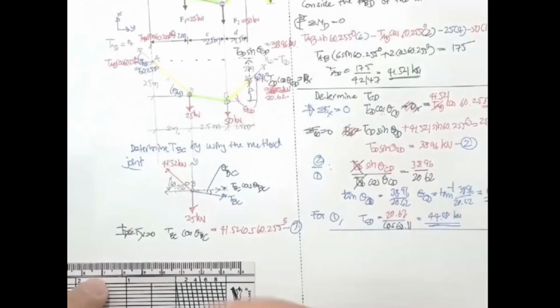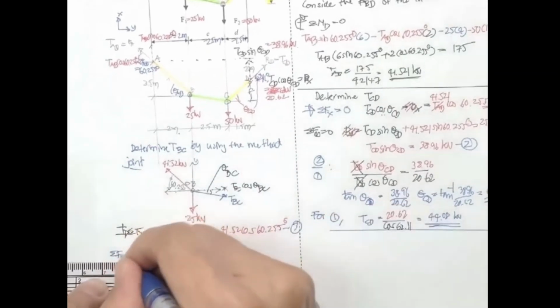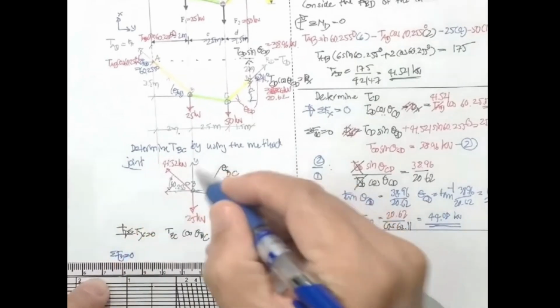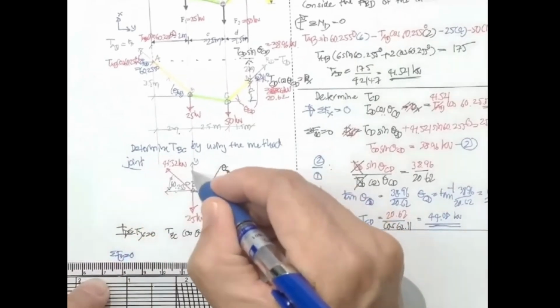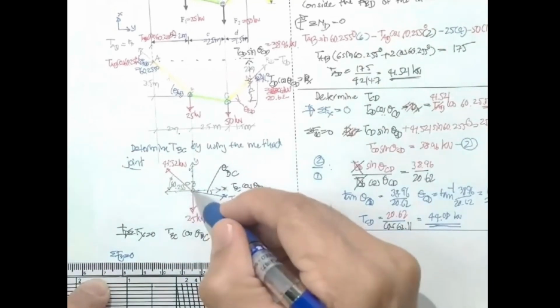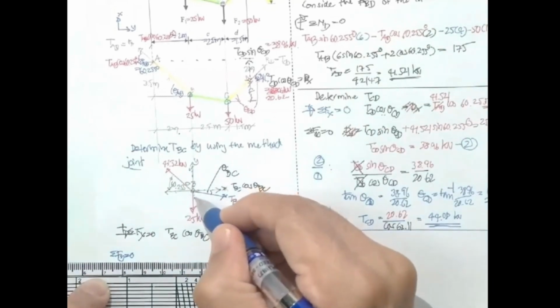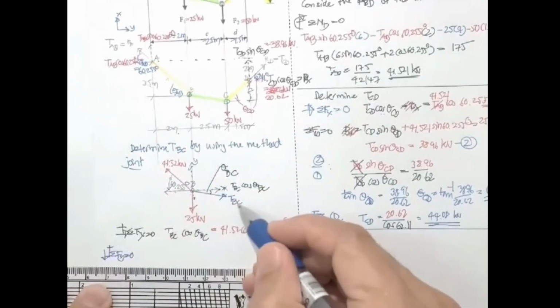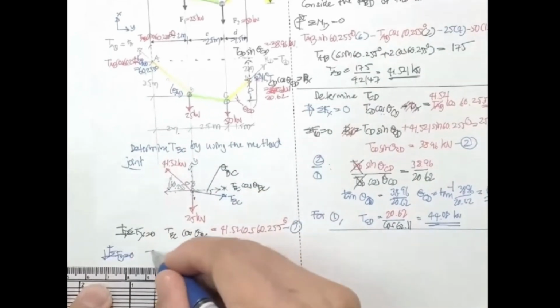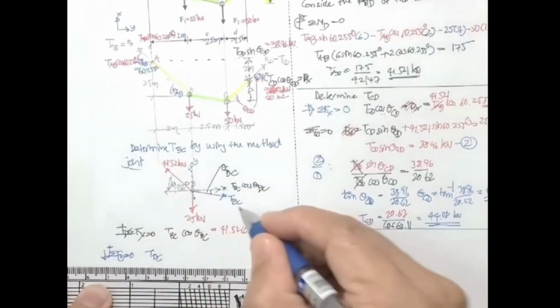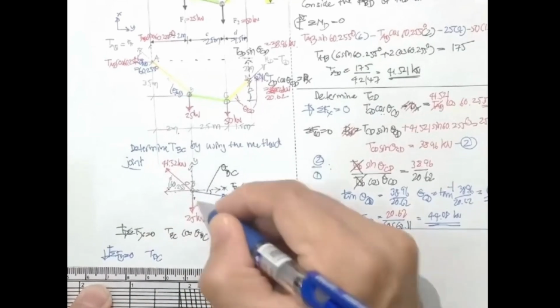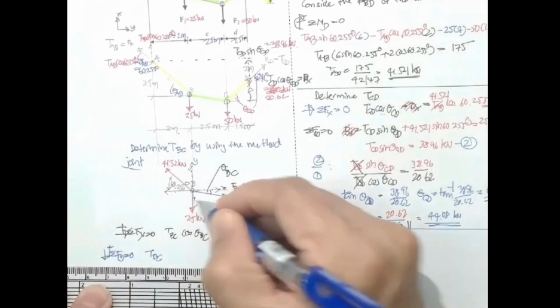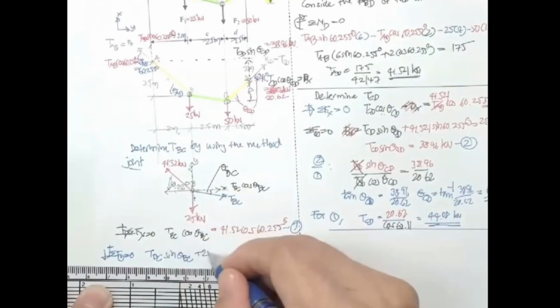And then for the summation of F sub y equal to 0, this is upward, this is downward. We are looking for this one. I put the downward to be positive. So T sub BC, and then project over here, sine theta sub BC, and then plus 25.